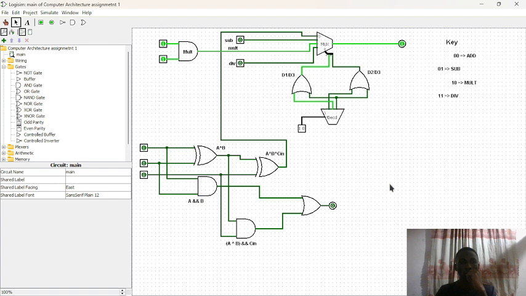This is how it behaves. This part of the unit does the addition. Most of you who understand logic circuits will know that this is a full adder circuit.